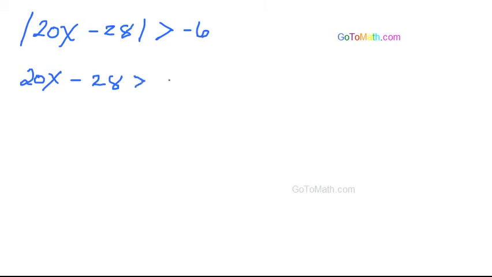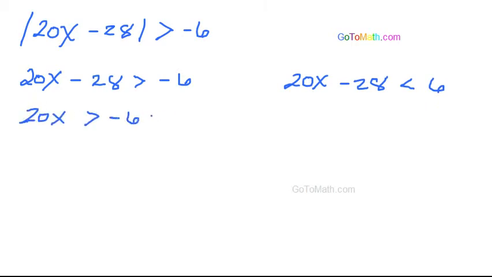Okay, so we drop the absolute value bars and then solve for x. Now remember, this is pointing to the right, and that means "or." So we've got to keep that in mind. Rewrite over here 20x minus 28. This time we're going to flip, multiply that by a negative, so that becomes positive 6. So let's solve for x.